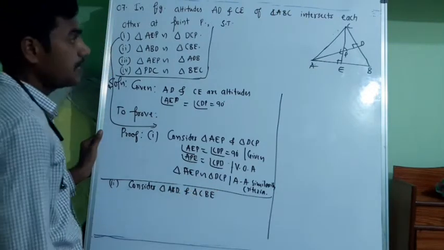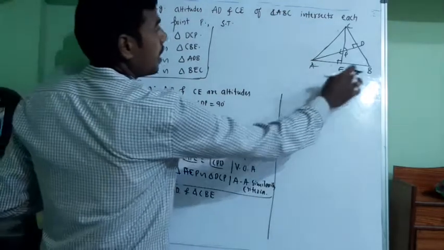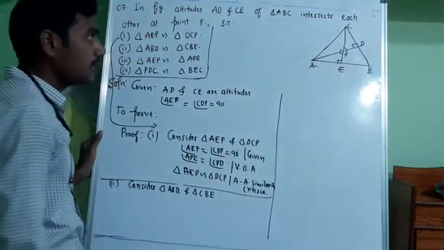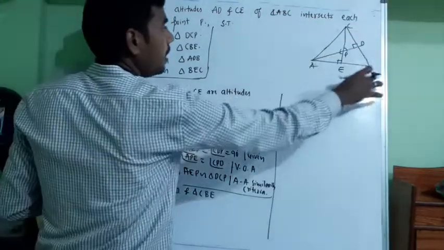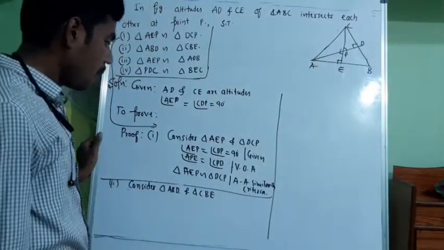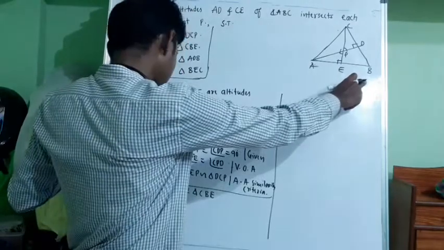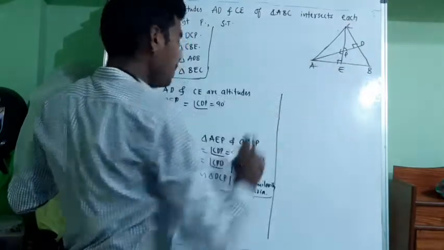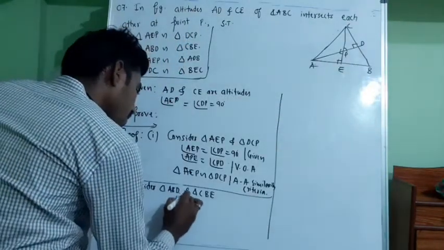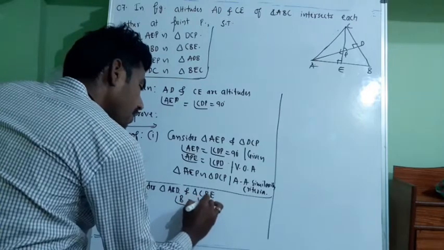Where is triangle ABD? Where is triangle CBE? One thing we can observe: angle B is equal to angle B because it's a common angle.